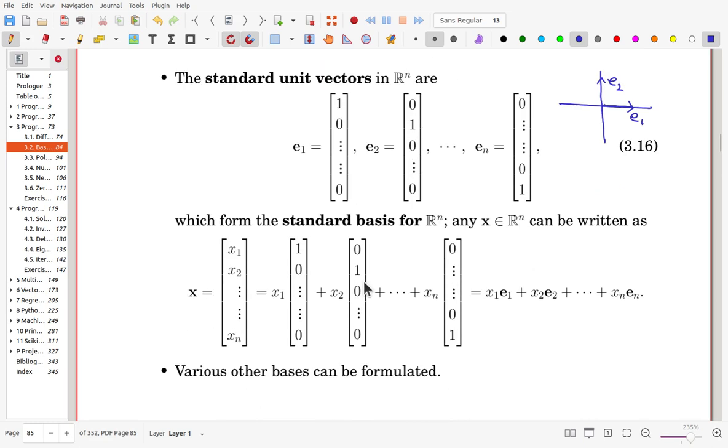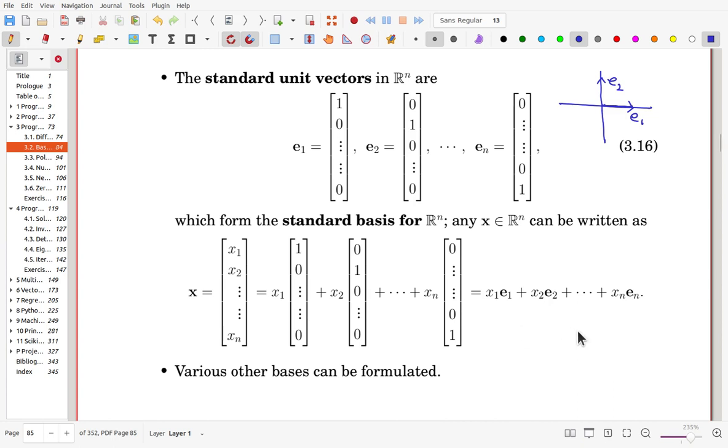Such a collection is called the standard unit vectors in Rn, and it becomes the standard basis for Rn. The reason is that for any choice of x in Rn, we can write x1 to xn as a linear combination of E1 to En. So any arbitrary vector in Rn can be expressed as a linear combination of these standard unit vectors, so they span Rn.